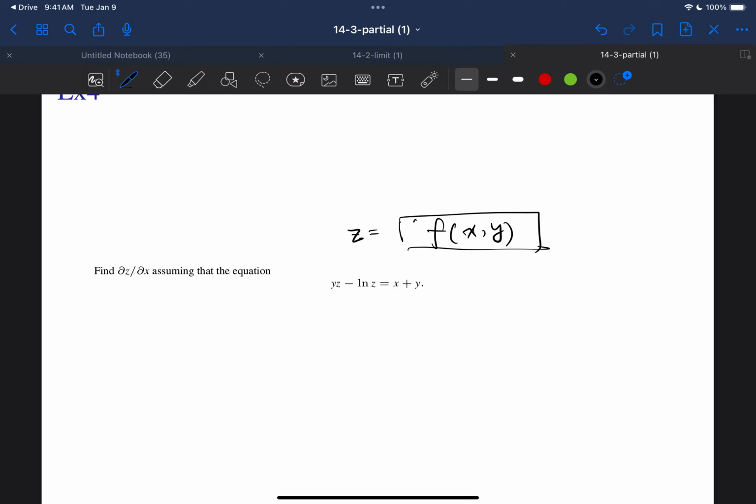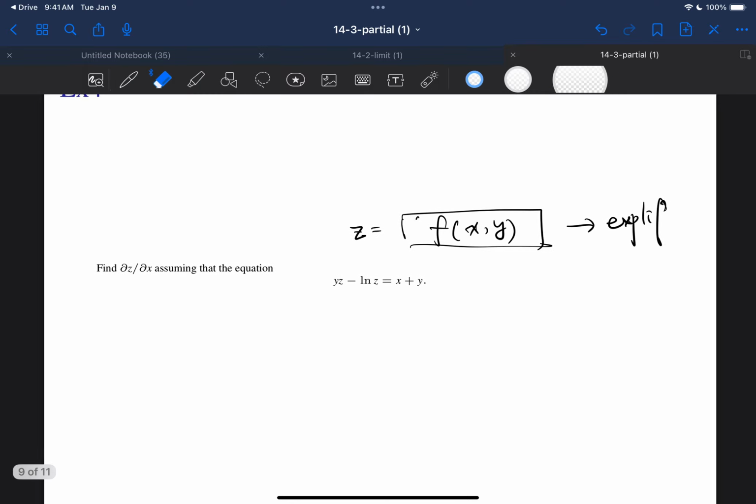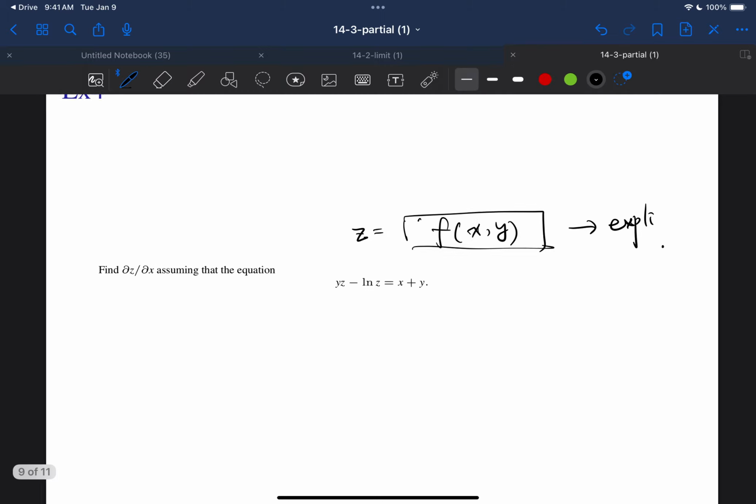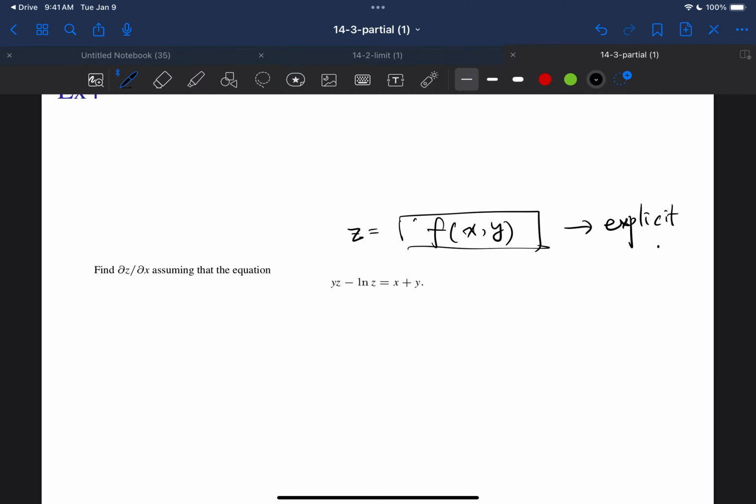However, this is called explicit form. But in this case, we cannot directly write z in the explicit form, so this is called implicit form. For an implicit function, we often use chain rule to find its derivative, because z and x and y are mixed together.